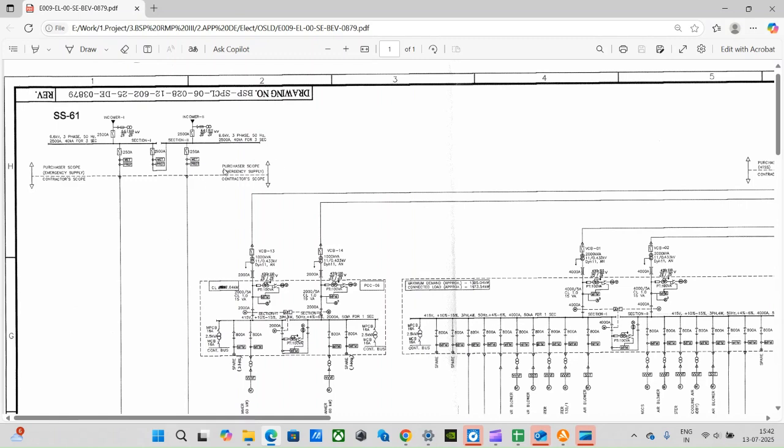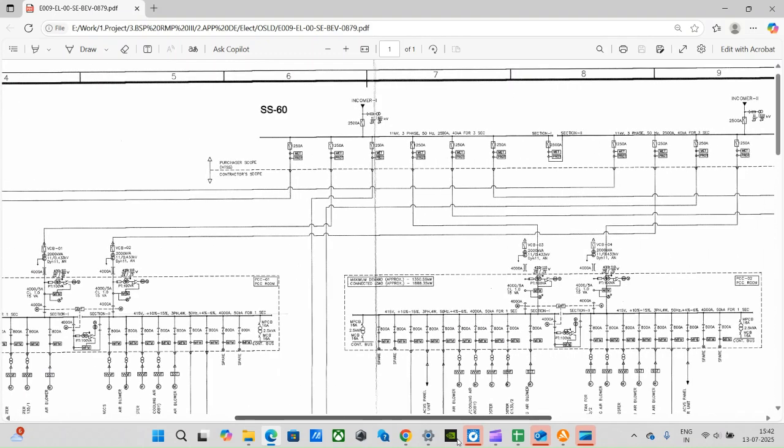Look at what is written here. The arrow showing that side is purchaser scope, and the arrow showing this side is contractor scope. This dotted line is called the battery limit, where the contractor's scope starts.